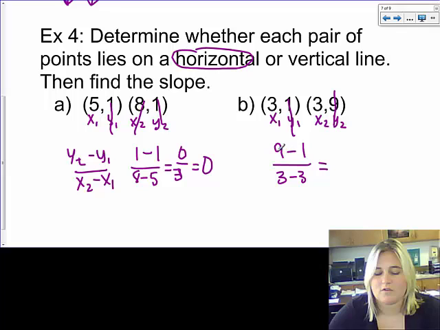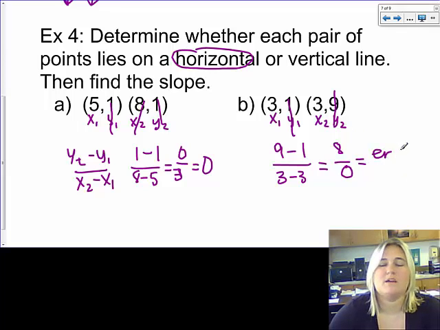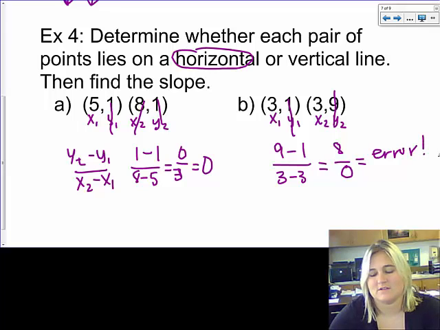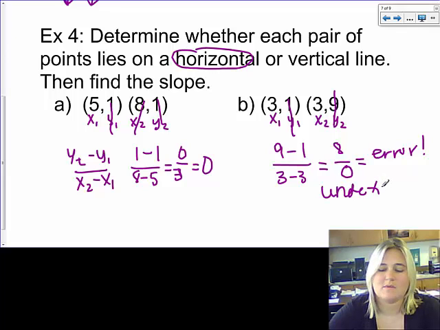So 9 minus 1 is 8 over 3 minus 3 is 0. Well, 8 over 0, if you have your calculator on you, please punch that in and see what it tells you. It's going to give you an error. Okay? Because we don't know how to divide by 0, so this is an undefined slope, and that means that this one is the vertical line.